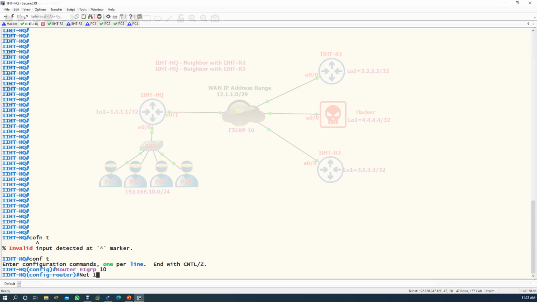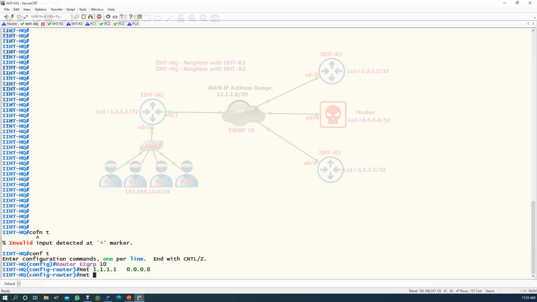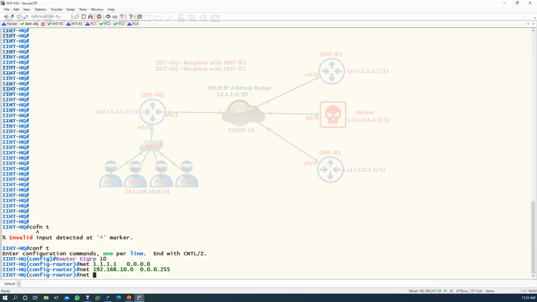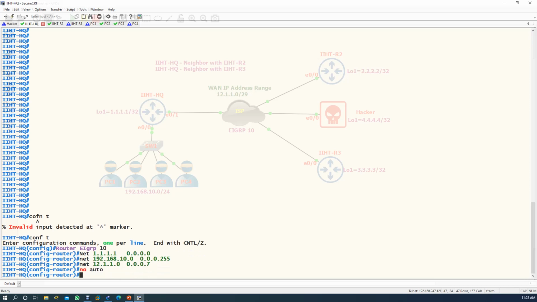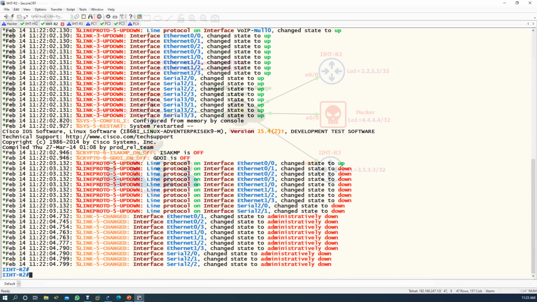So network 1.1.1.1, network 192.168.10.0, and then network 12.1.1.0. And what is the wildcard mask of /29? 0.0.0.7. No auto-summary, right?